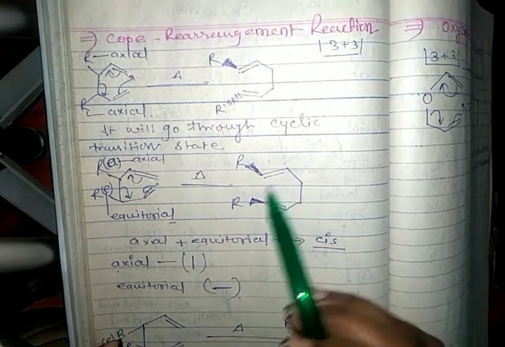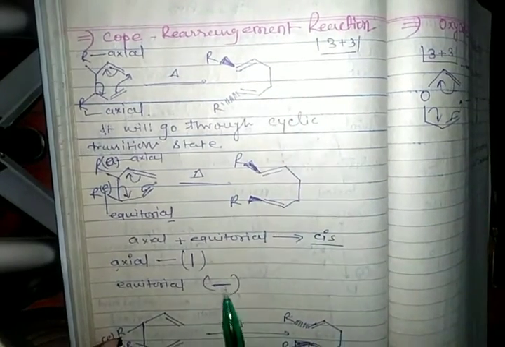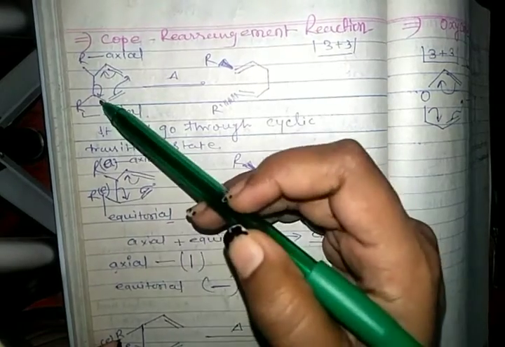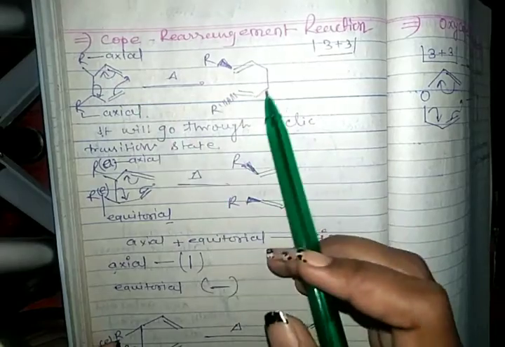So we get cis product, and in this we get trans product. Axial plus equatorial form cis product always, and axial and axial form trans product together. So this is the example of Cope rearrangement reaction.